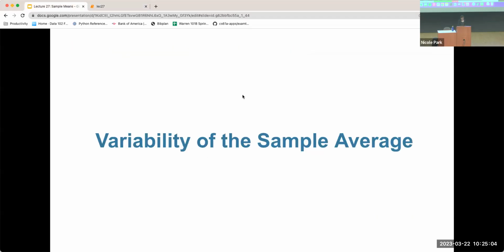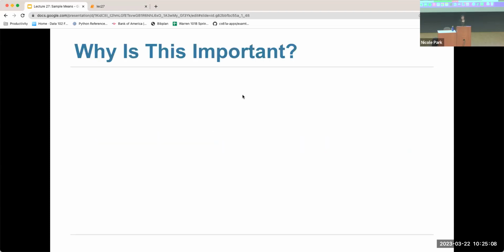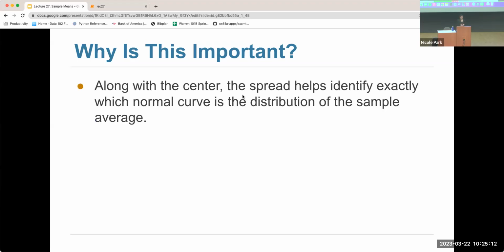Okay. So the variability of this sample average. Why is it important that we have some variation in the sample average? Along with the center, the spread helps identify exactly which normal curve is the distribution of the sample average. With the center, we have this is what we think it is, but the spread also helps us identify which normal curve the sample average is actually going to follow.